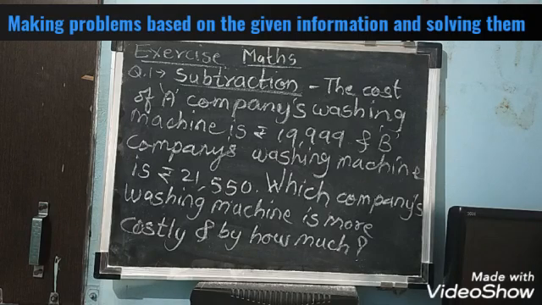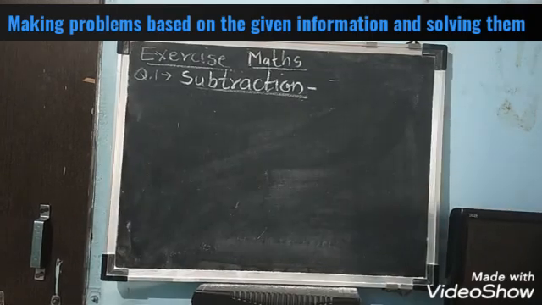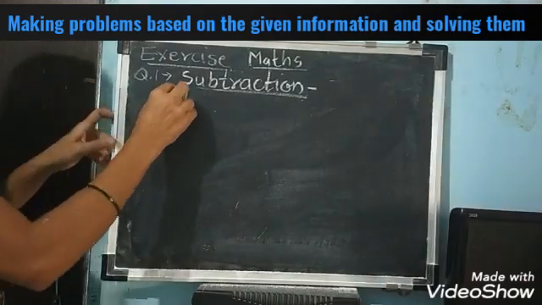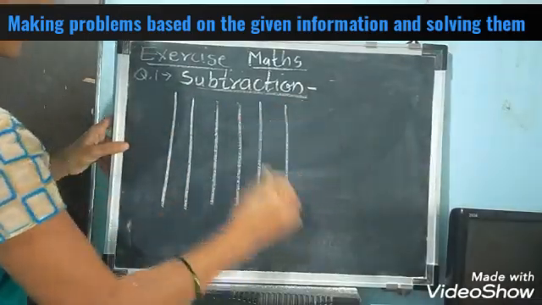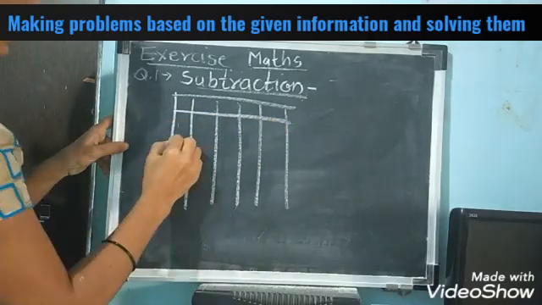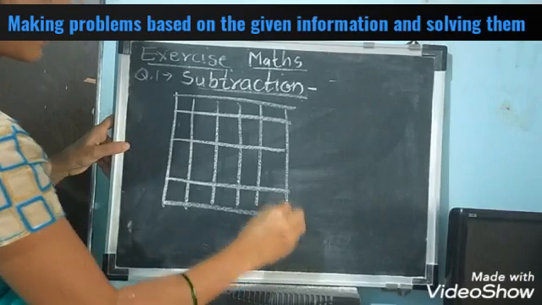We will see this example on the blackboard. To solve the subtraction example, first make 5 columns. 1, 2, 3, 4, 5. Here write down places. Here borrowing if it is there. Here numbers and here answers.